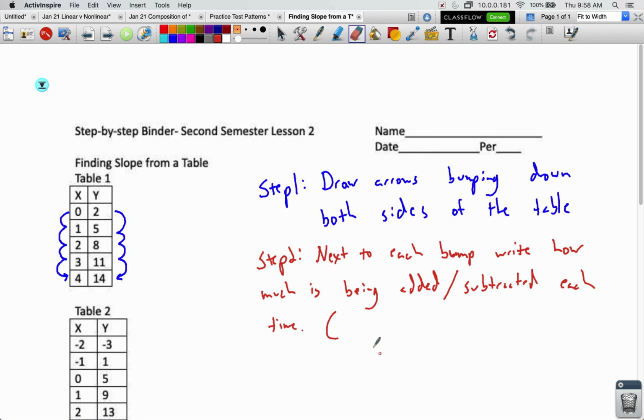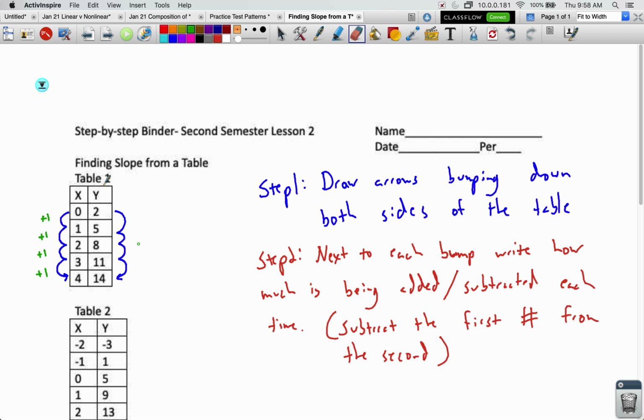All right, and normally this is pretty clear. You can do it in your head, but you can subtract the first number from the second to figure it out if you can't. So looking at table number 1 here, to go from 0 to 1, that's clearly a +1. To go from 1 to 2, that's another +1. And typically this will be consistent all the way down, +1, +1, +1, +1.